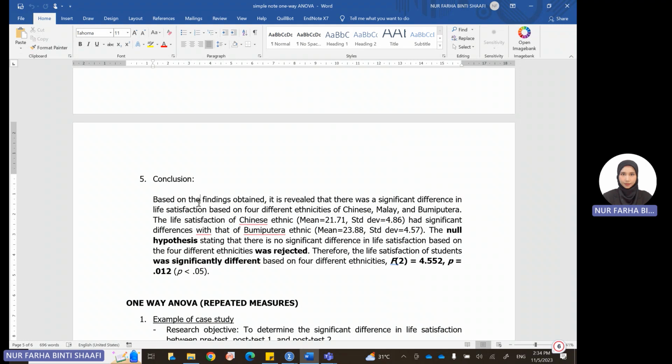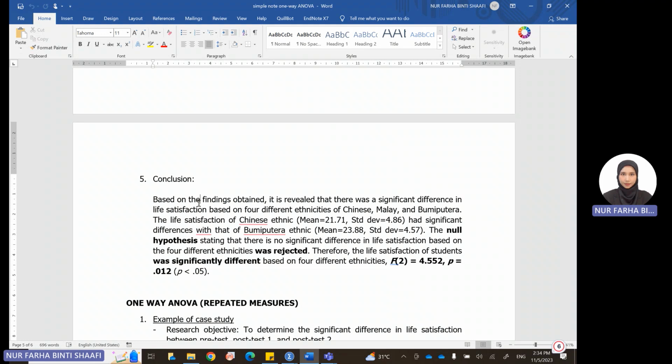From your descriptive statistics table, okay? And had a significant difference with that of Bumiputra ethnic. This is the mean and the standard deviation for the Bumiputra ethnic, from the statistics table. The null hypothesis stating that there is no significant difference in life satisfaction based on the different ethnicities was rejected. Why is it rejected? Because the life satisfaction of students was significantly different based on the different ethnicities.